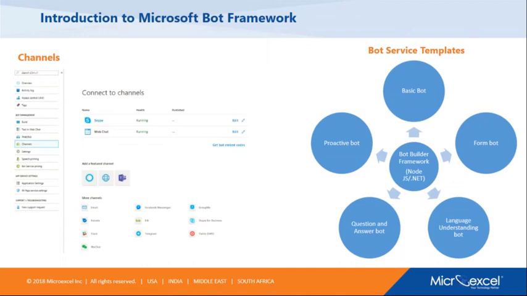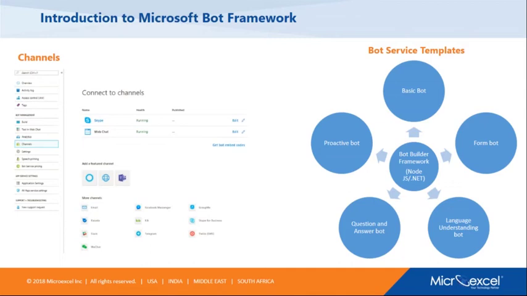Next is the Language Understanding bot. Create a bot that uses natural language models to understand the user's intent. We can choose this template. It basically leverages the LUIS service from Microsoft, which is Language Understanding Intelligent Service, to understand what exactly a user types in, convert that into a logical and understandable form, and return the results depending on what the user is asking.